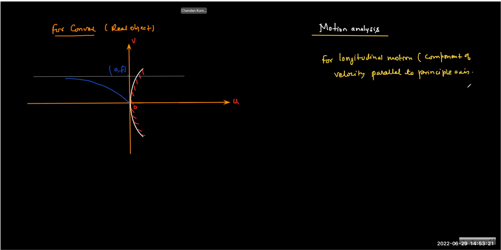so for longitudinal motion, component of velocity parallel to the principal axis, we use the mirror formula. And you can also use Newton's formula.